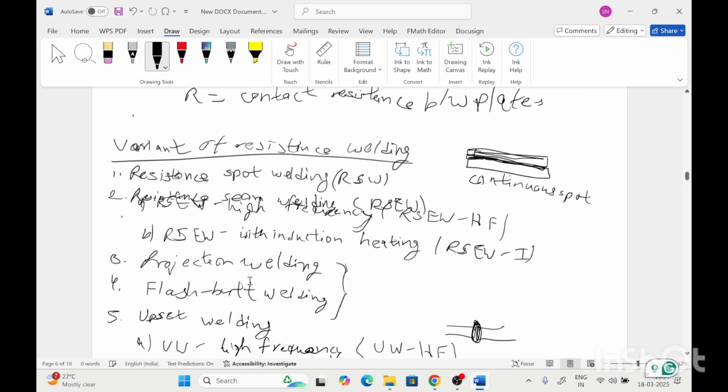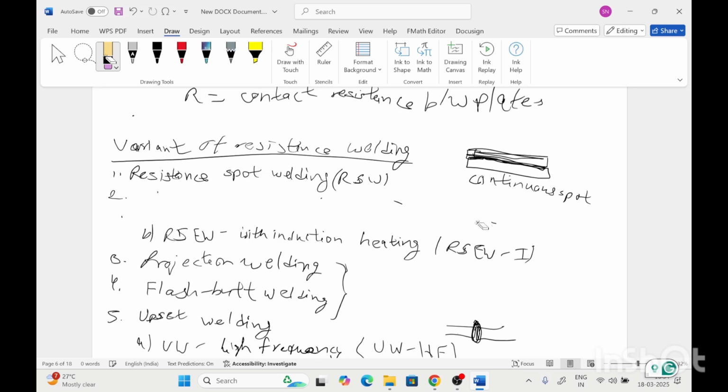So single welding joints are created in resistance spot welding. Next is resistance seam welding.